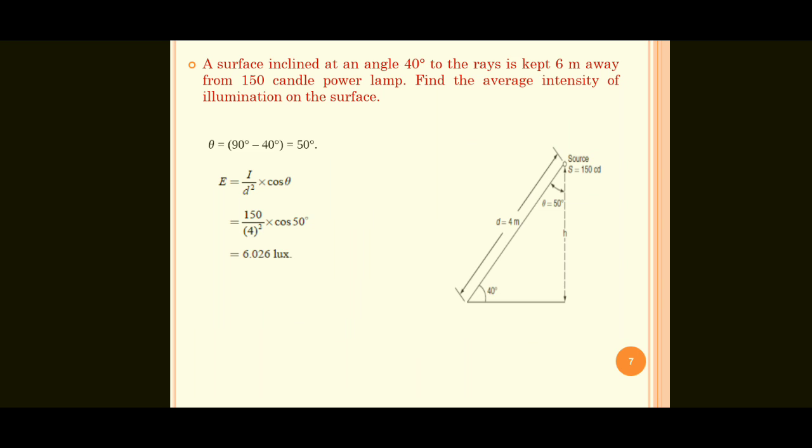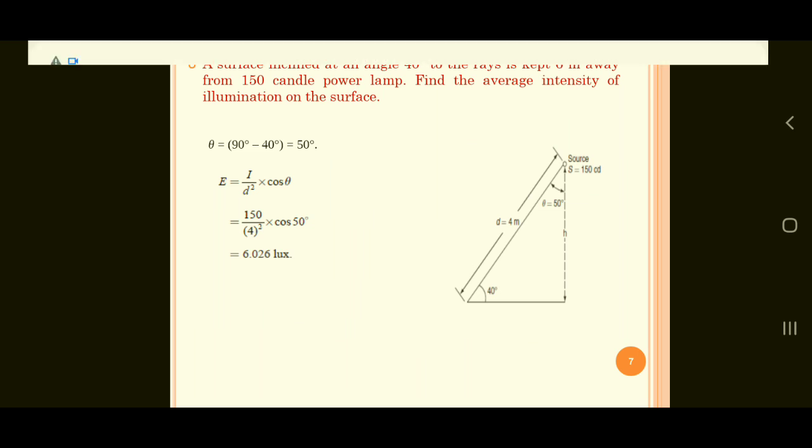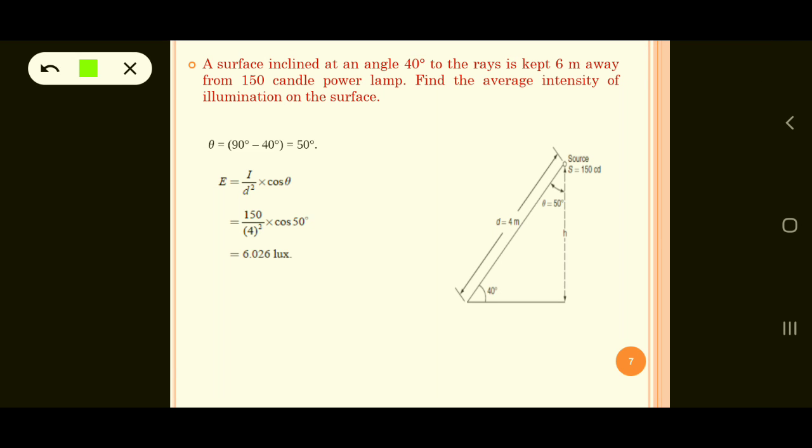So now the value becomes 6.026 lux. Here a small modification: it is 4 meters away, not 6 meters.